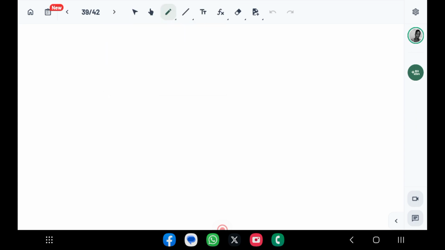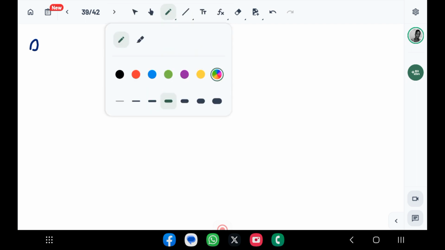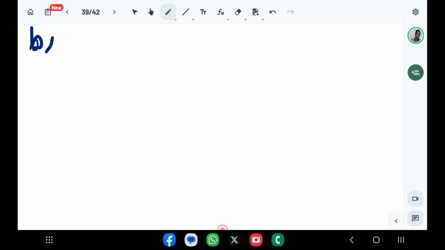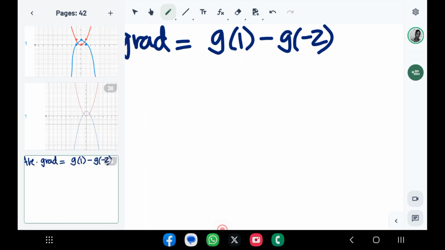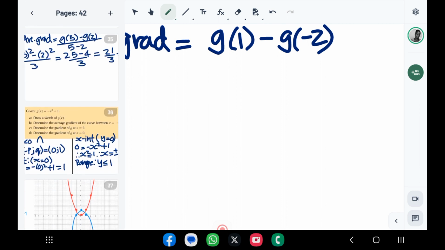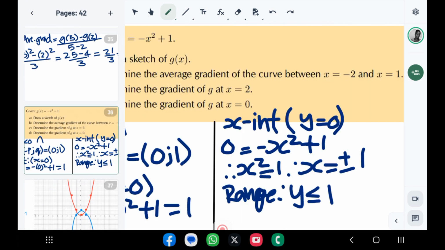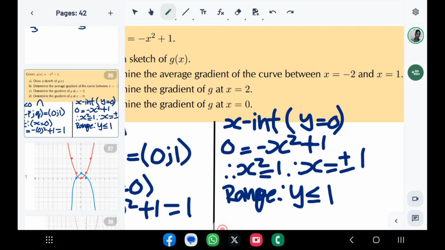Okay, average gradient, that's B. Average gradient equals g of 1 minus g of negative 2. Okay, let's just double check that. g of 1 and g of negative 2. Yes, that's correct.